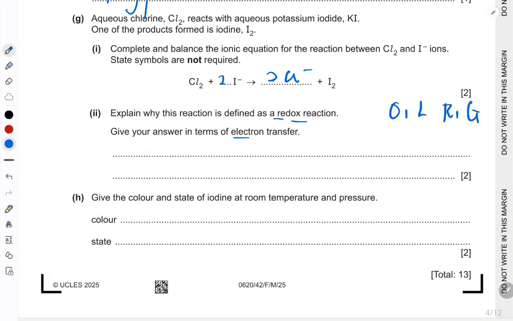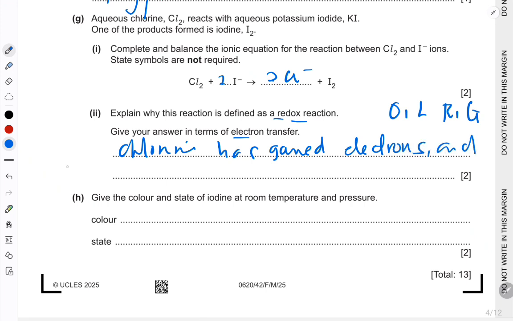So you must say chlorine has gained electrons. No need to say 2 electrons. And iodide ion has lost electrons.